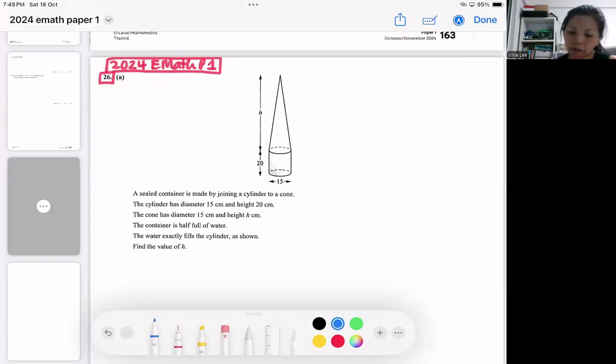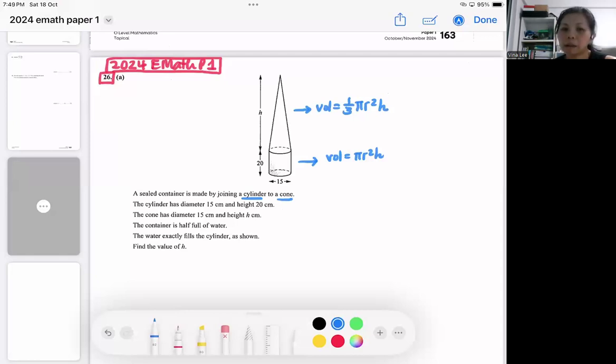So there is a sealed container, that means it's a closed container, connecting a cylinder and a cone. At this point, you might want to write down the volume, if you want to process the information. You can write down the surface area too, but I think this part doesn't involve surface area.